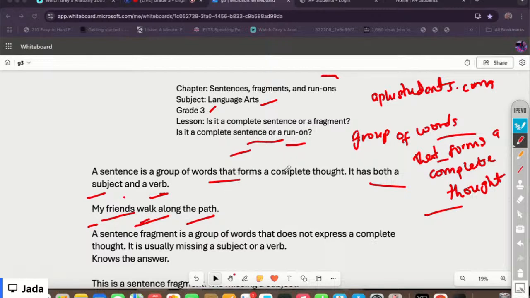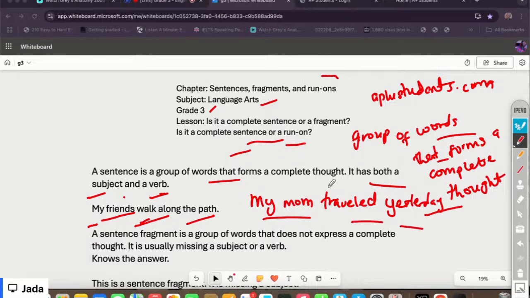So, for example, we have the sentence that says my mom traveled yesterday.